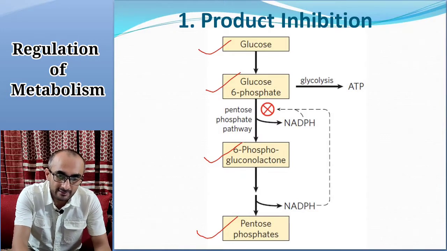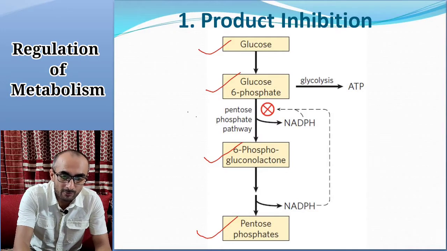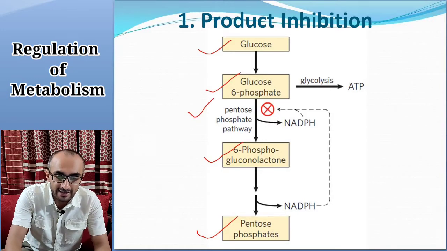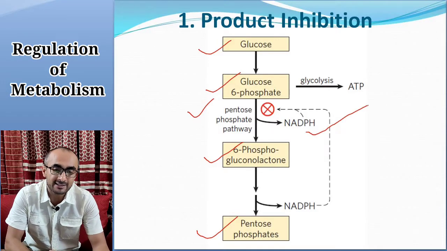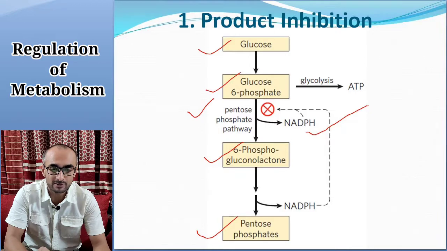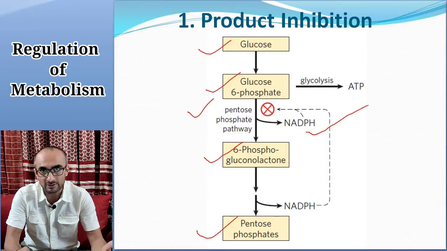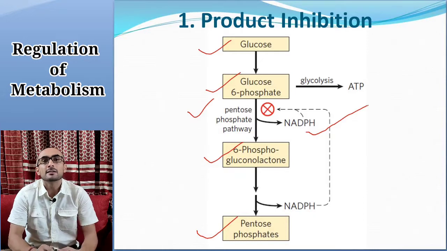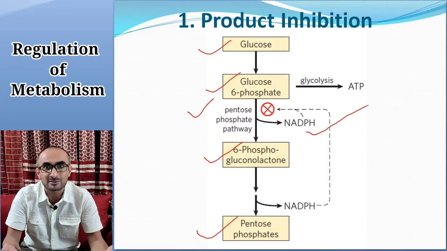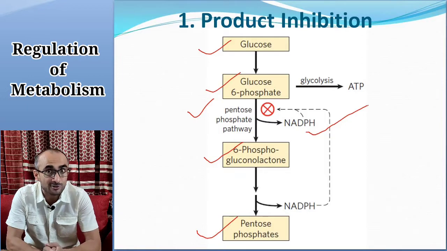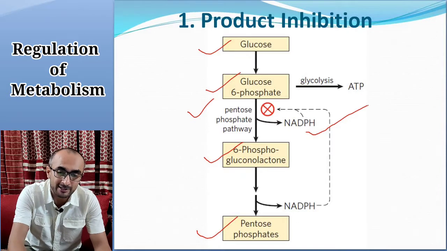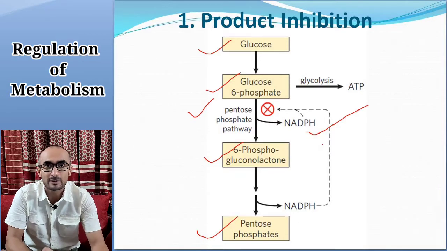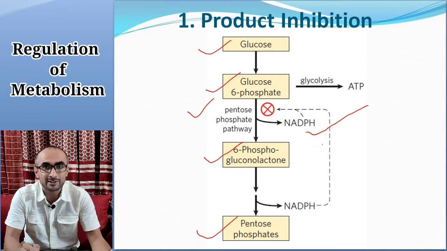As a result of this action, NADPH is produced, and this NADPH works as an inhibitor of the same enzyme. So when NADPH is in high concentration in the cell, it means it's no longer required, so the production of NADPH should stop. High concentration of NADPH binds to the same enzyme and inhibits its activity. So here NADPH works as a competitive inhibitor.